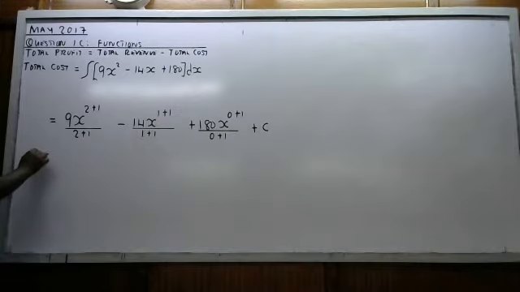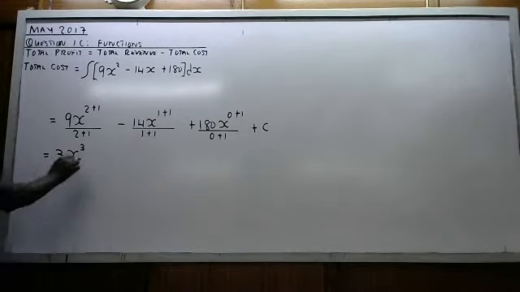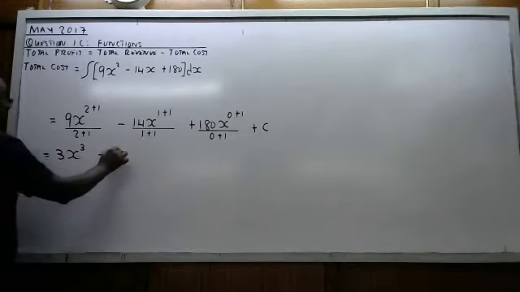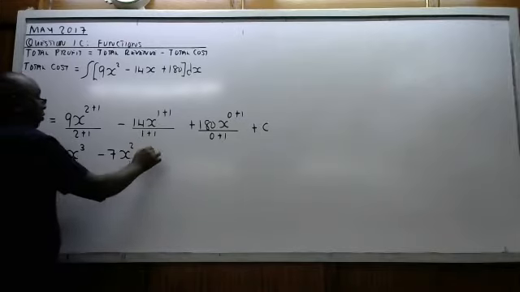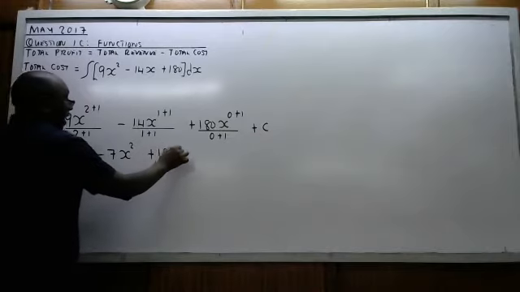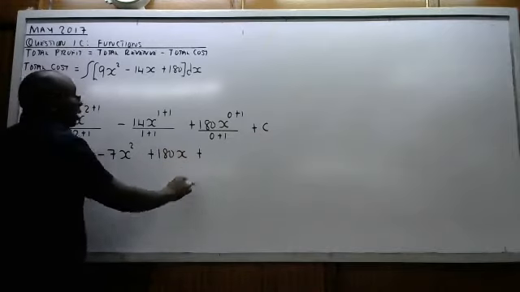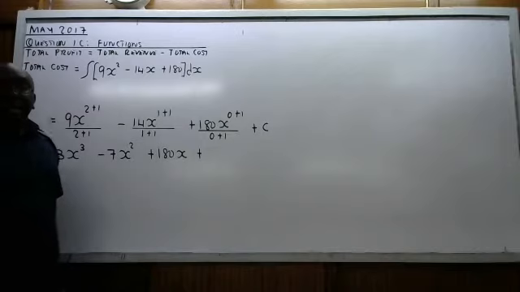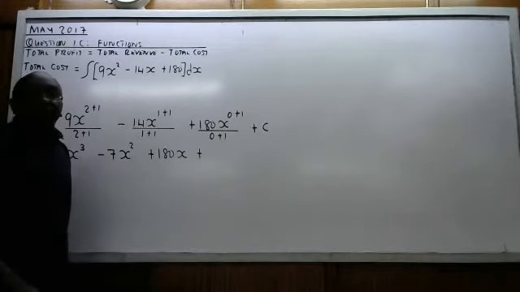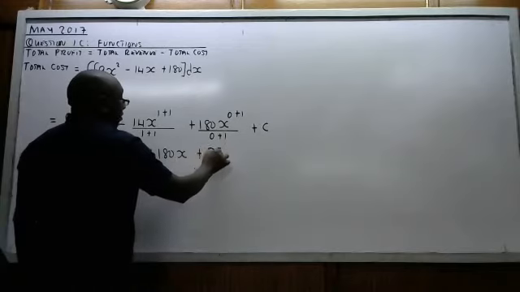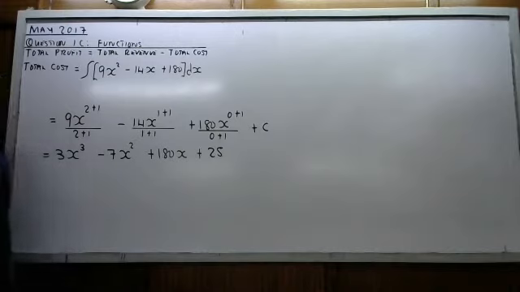And this reduces to 3x cubed minus 7x squared plus 180x plus c. C is the fixed cost. So the fixed cost, we are told it is 25.